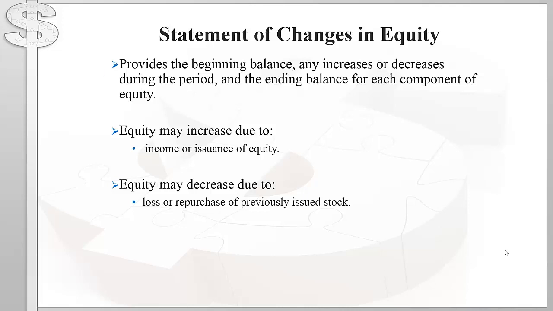Equity can increase due to income, which is good, or equity can increase simply because of issuance of new equity, which is usually not the best because that dilutes the ownership of current owners. Similarly, equity can decrease due to losses or repurchase of previously issued stock. Now let's take a look at the statement of changes in equity of Apple Corporation for an example.